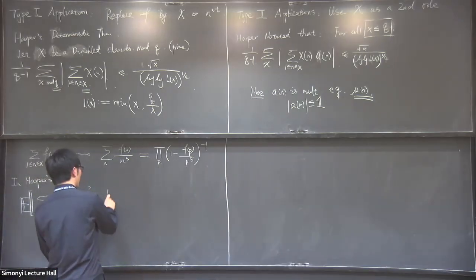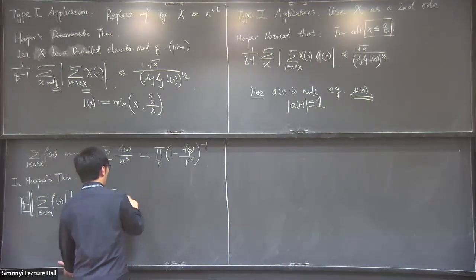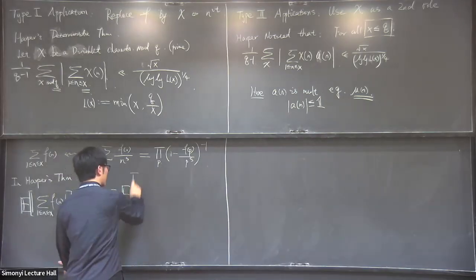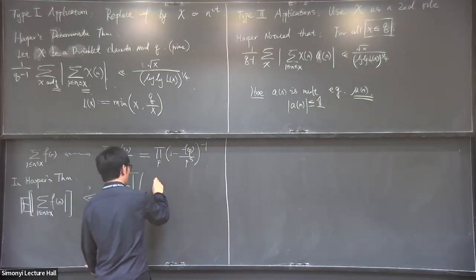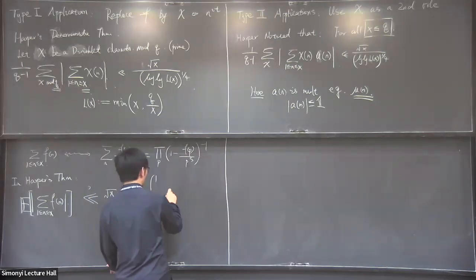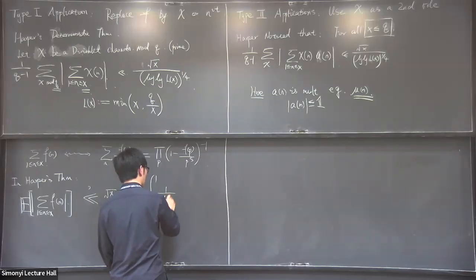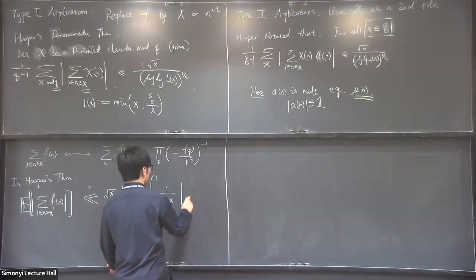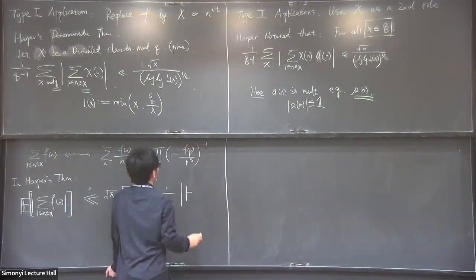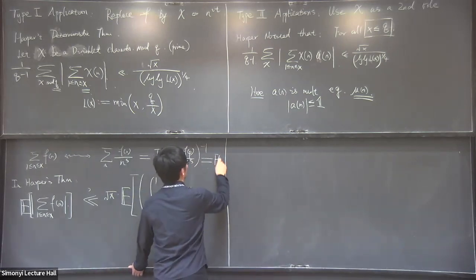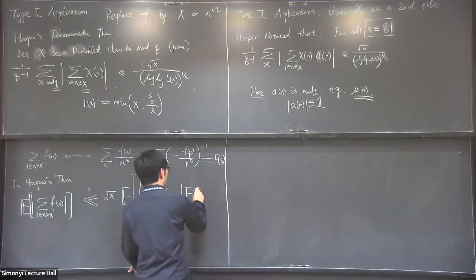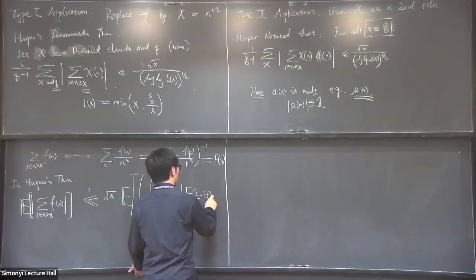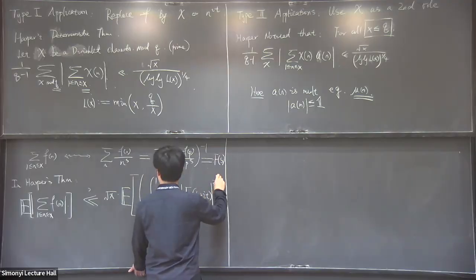So you can put a square root x here, and then you will get something like 1 over log x times, I give it the name FS, the random Euler product, so it's f at half plus it, squared.